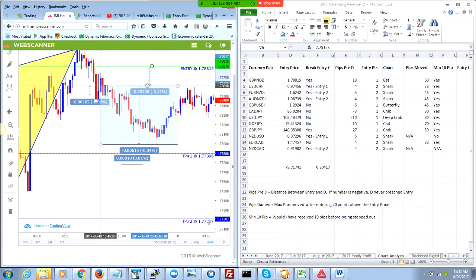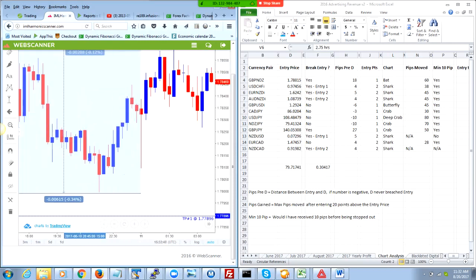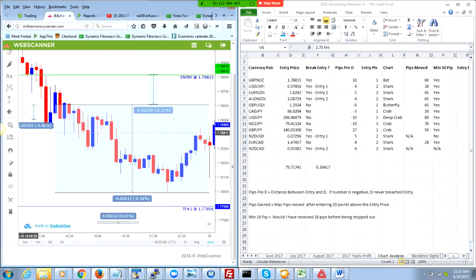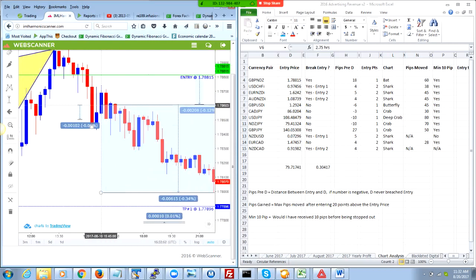And then in the next, this little point right here is about 10 pips. Let me make it a little bit bigger for you guys. So if I enter the trade at this point and I only need to go about 10 pips, it looks like I would have gotten my 10 pips within about 15 to 30 minutes of entering the trade.